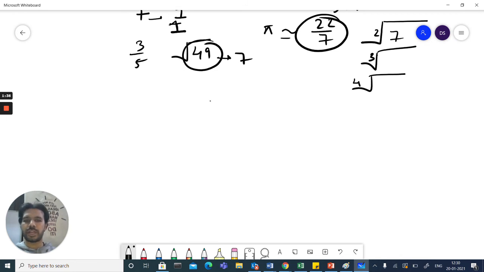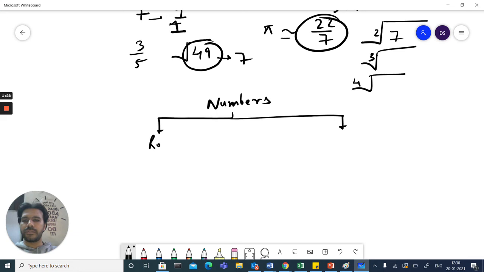If we start with the number tree, just one thing I also want to mention before we move on is that the first division is real and imaginary numbers. The difference between a real and an imaginary number is very simple. If you remember your 11th and 12th, that was a time when we faced a major problem around imaginary numbers, because I never actually liked complex numbers as a chapter.